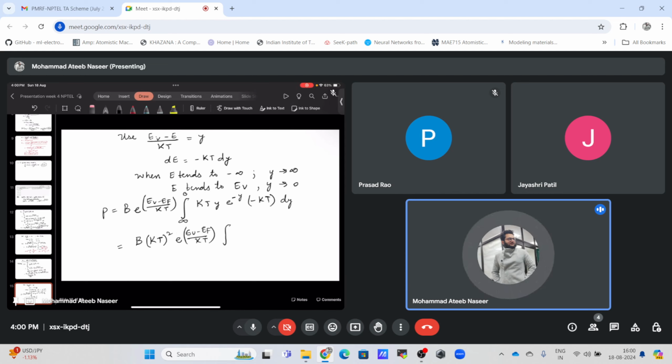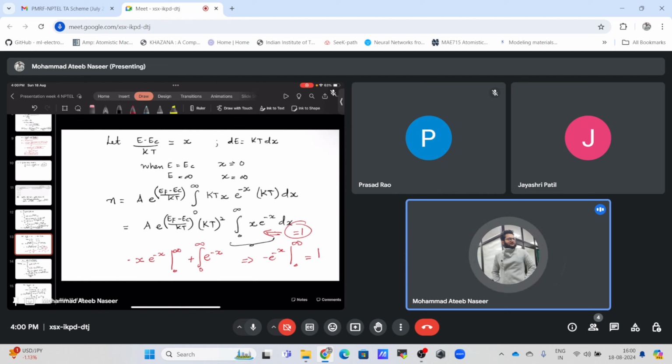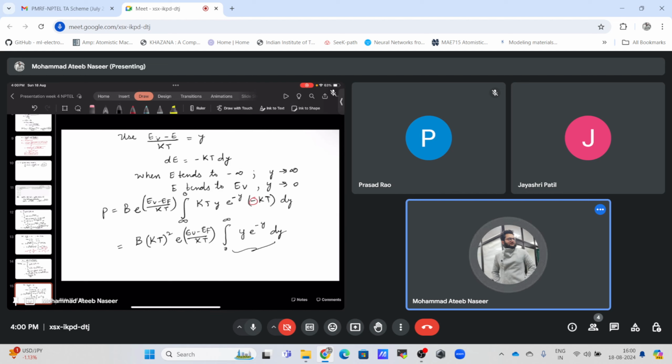Let's flip the limits, so it is 0 to infinity, and the minus and minus become plus, and we are left with y times e to the power of minus y dy. This value, which we found earlier, x times e to the power of minus x from 0 to infinity dx, is 1. So P, the whole concentration, is simply equal to B times KT squared times exponential of EV minus EF by KT.